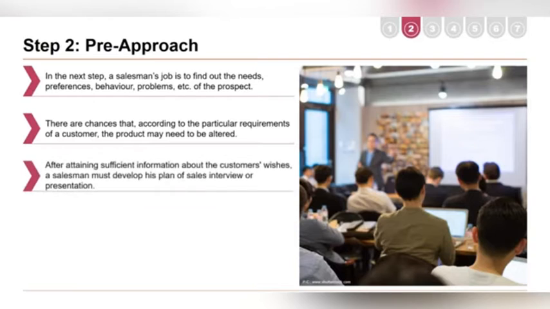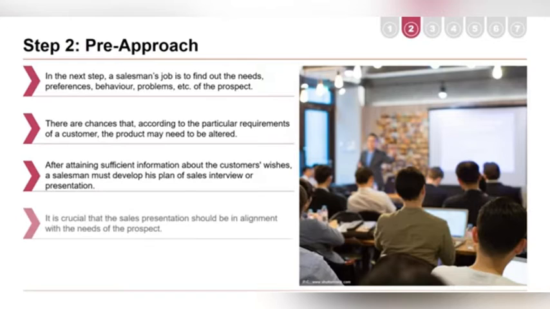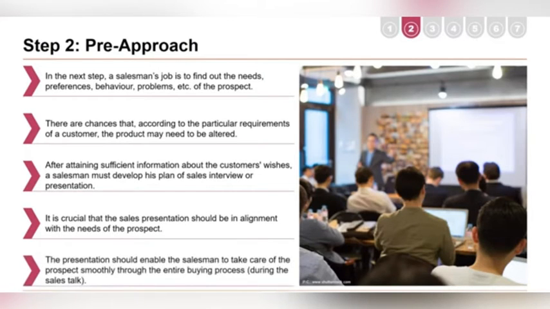After attaining sufficient information about the customer's wishes, a salesman must develop his plan of sales interview or preparation. It is crucial that the salesman's presentation should be in alignment with the needs of the prospect. The presentation should enable the salesman to take care of the prospect smoothly through the entire buying process.